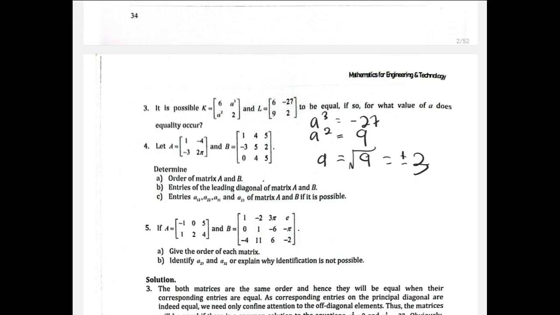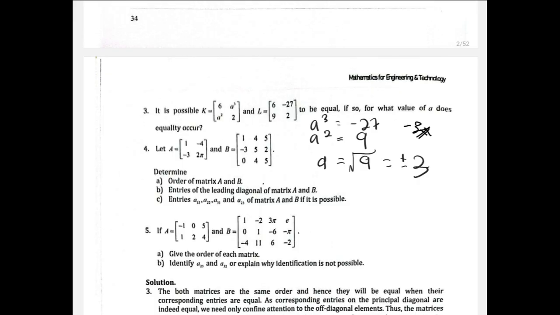So you can simply substitute it inside here and figure out which value, plus 3 or minus 3, makes it negative 27. If you try to figure it out, you will see that the answer is negative 3. So for this question number 3, for the matrices to be equal, a needs to be negative 3.